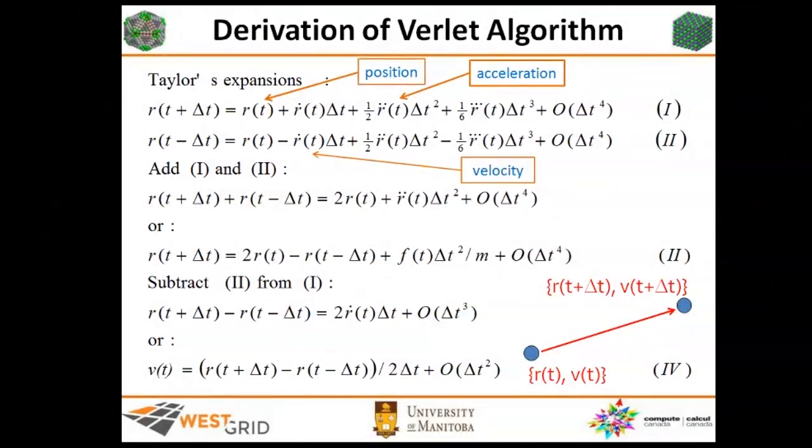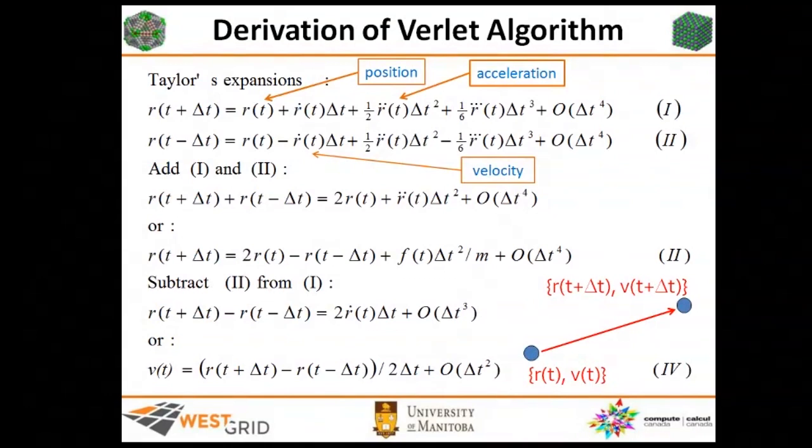There is another algorithm which is similar to the first one, called the Verlet algorithm. How it works: you already have the potential function. You derive the force. When you have the force and the mass, you can get the acceleration. From the acceleration, you can use the previous equation to get the velocity.